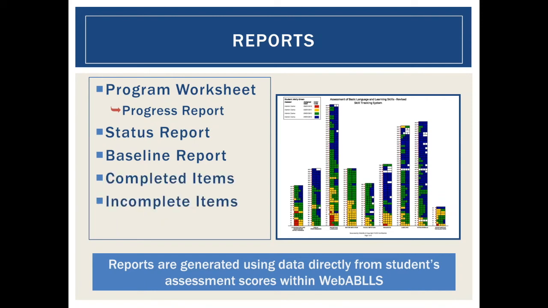We have the completed and incomplete items reports, and these two kind of seem to go together, but they're really just opposite of one another. Completed items includes every task within the assessment that has been scored to have met full criteria. Incomplete items is all of the tasks that have not been scored as having met criteria. And then, as I mentioned before, we also have our assessment notes.